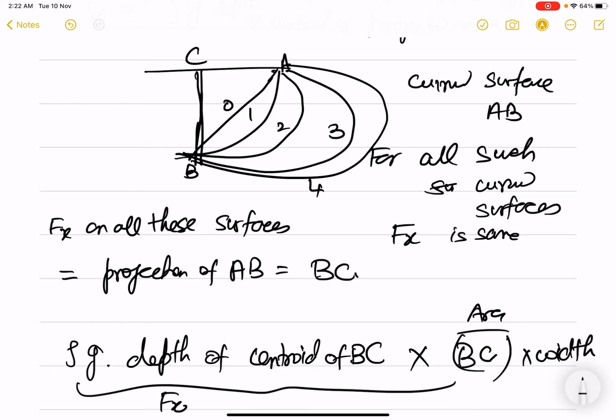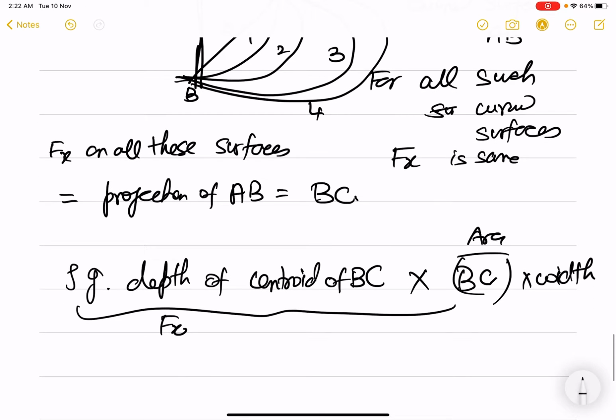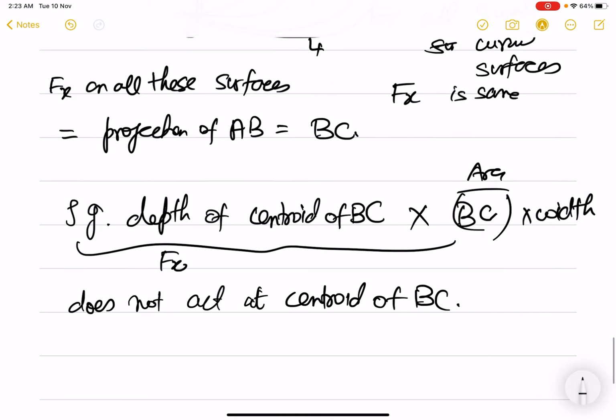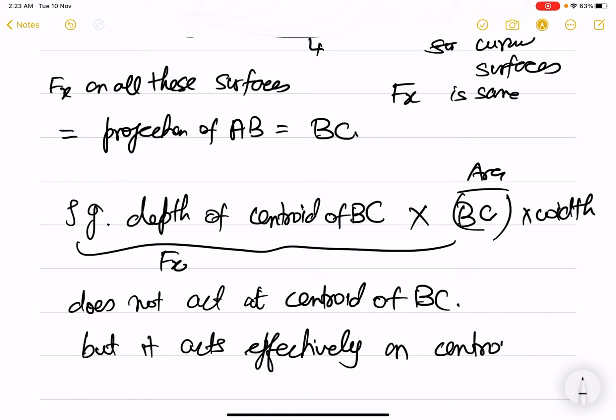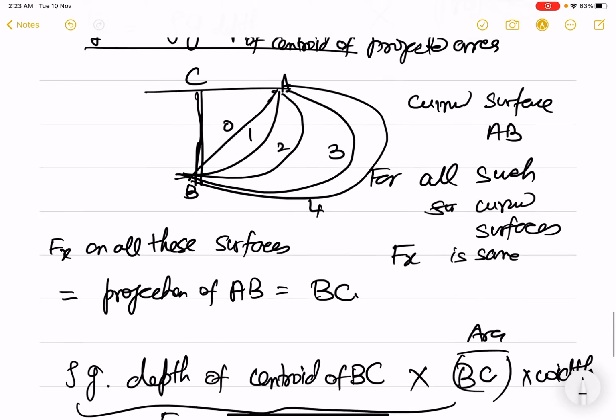So to find this Fx is straightforward, but while Fx is equal to this, it does not act at the centroid of BC, but it acts effectively on the centroid of the trapezium loading.